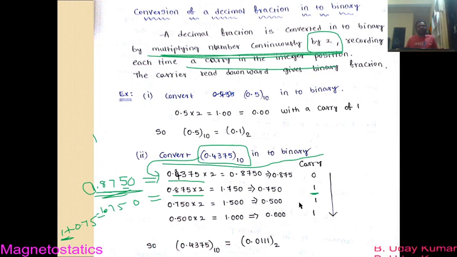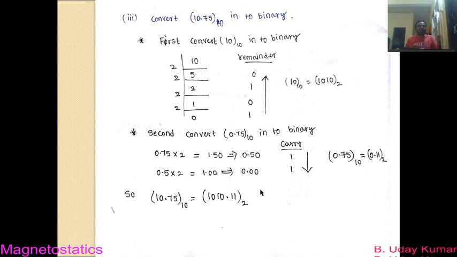So anyway, similarly you can convert. So what we have done up to now, we have converted a decimal number into a binary number, and also a decimal fraction into a binary fraction. Sometimes what happens is that in your problem there will be a decimal number and also a fraction. So both will be there.